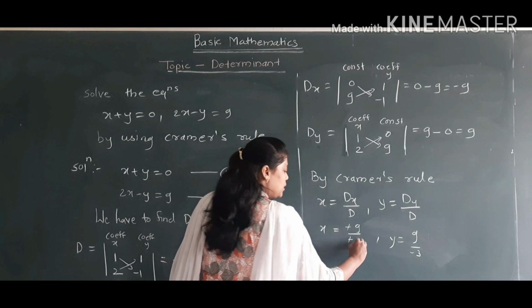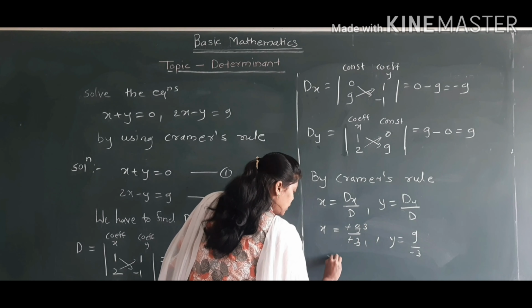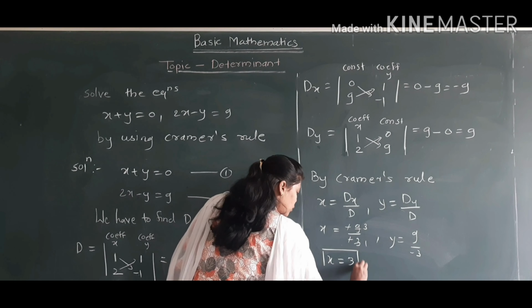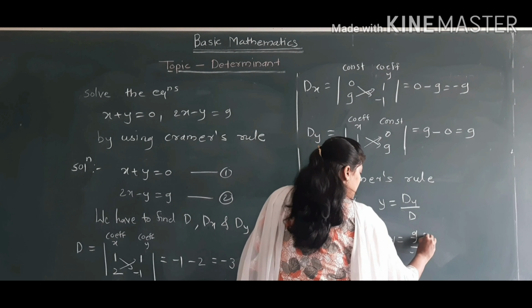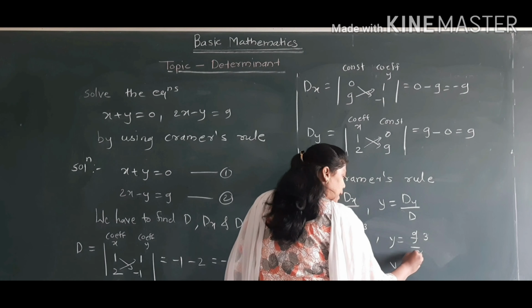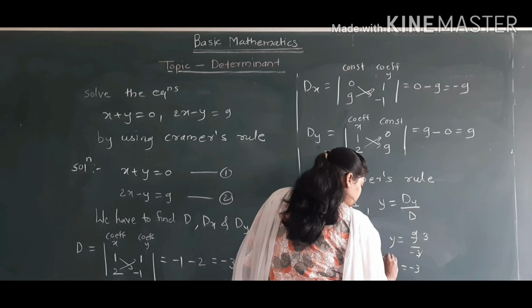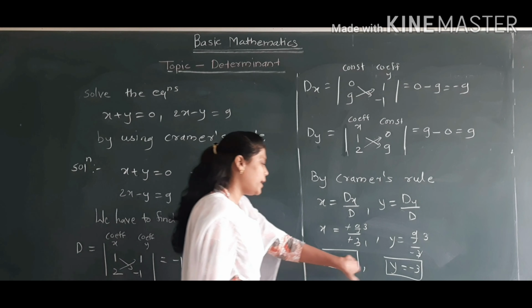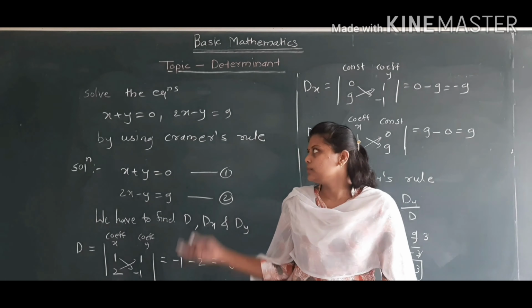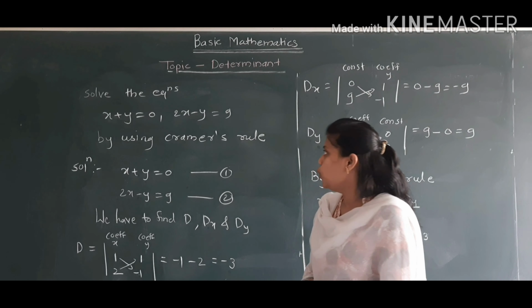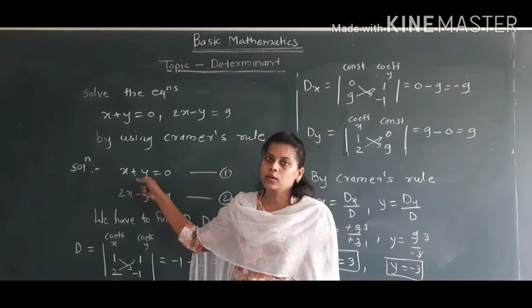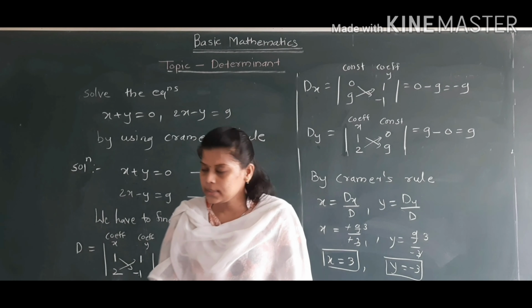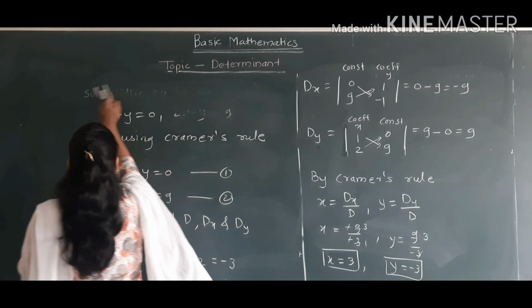The minus signs get cancelled. 3 3s are 9. Therefore x is equal to 3, and y is equal to minus 3. Therefore we get the values of x and y. This is Cramer's rule for two equations in two variables. Let us see the next example.